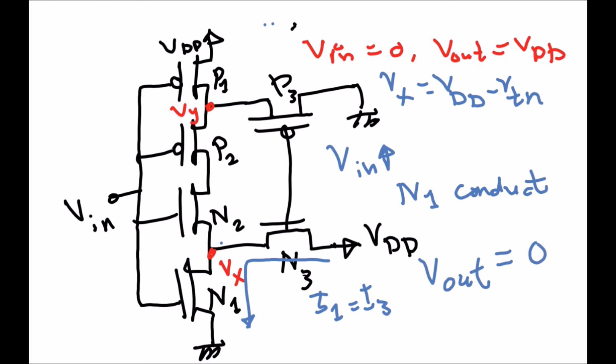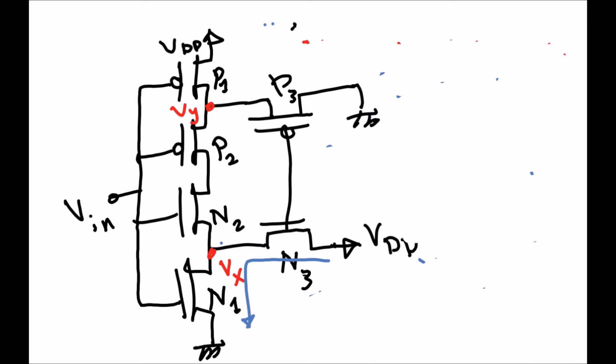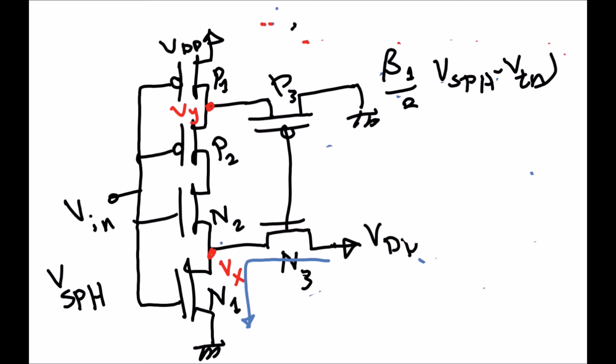So let's formulate this mathematically. This translates to current I1 equal to I3. I1 will be beta 1 over 2 times (V input, which is our point V switching point high, minus VTN) squared.